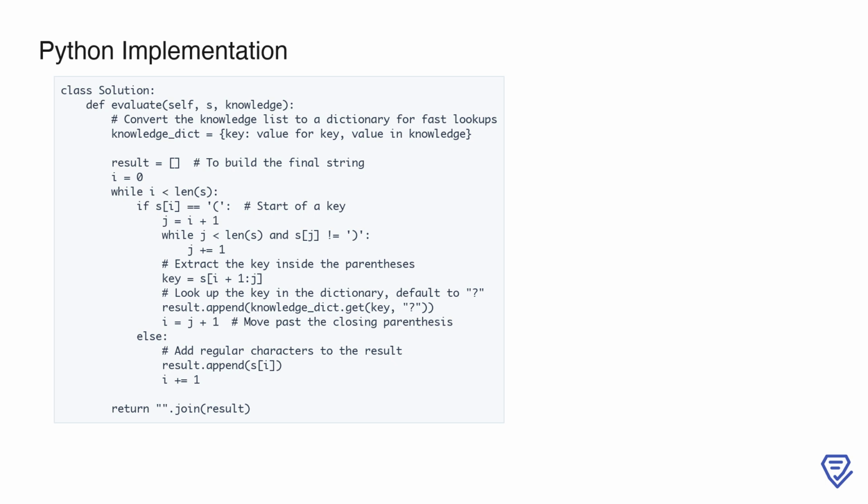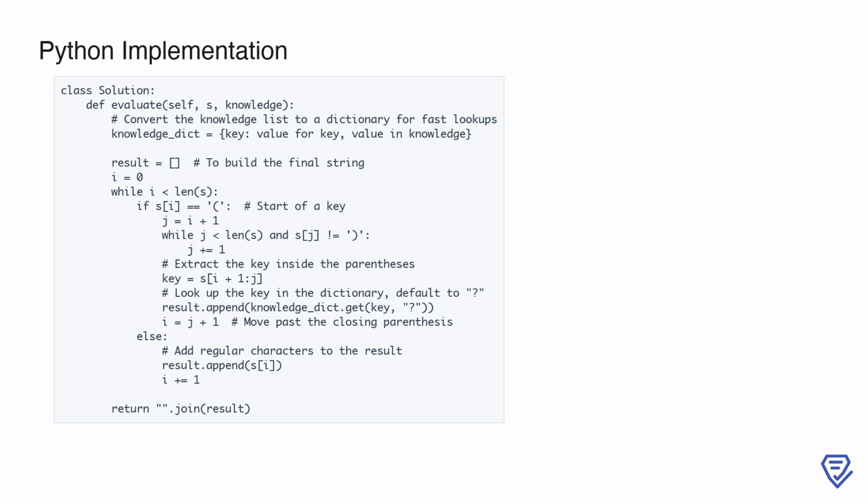The key is then looked up in the dictionary using knowledge_dict.get(key, "?"), where the default value is "?" if the key is missing. 5. Append replacement. The value corresponding to the key, or "?" if the key is missing, is appended to the result list. The pointer i is updated to skip past the closing parenthesis.